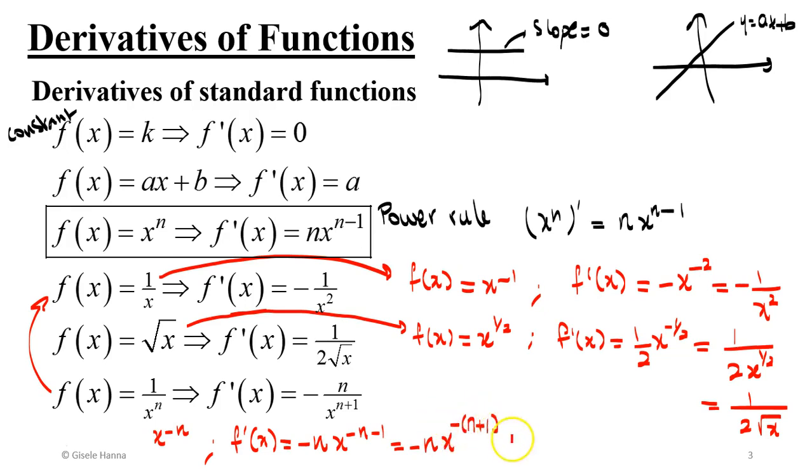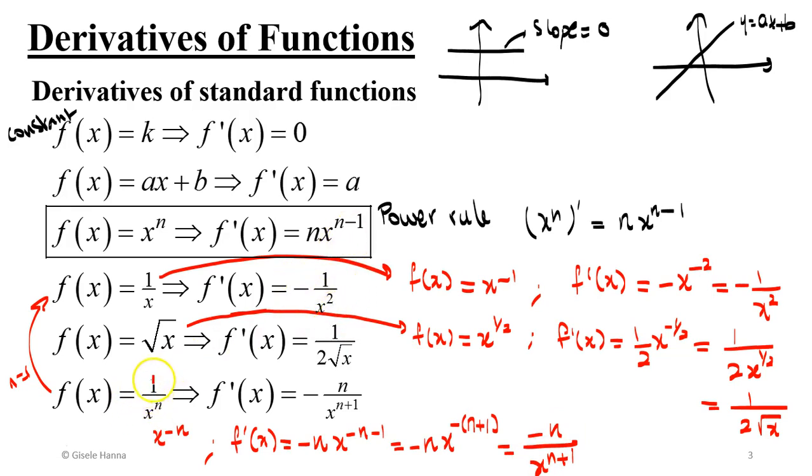Over here, negative n minus 1 can be seen as x to the negative n plus 1. So the negative exponent, drop it down to the denominator, it becomes positive, and it would leave me with negative n over x to the n plus 1. If you apply this rule for n equals 1 to determine the derivative of 1 over x, you notice that for n equals 1, it's negative 1 over x to the 1 plus 1, so it's negative 1 over x squared, which is the same derivative we got here.